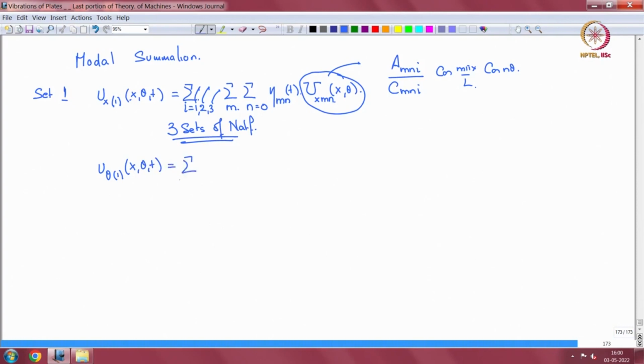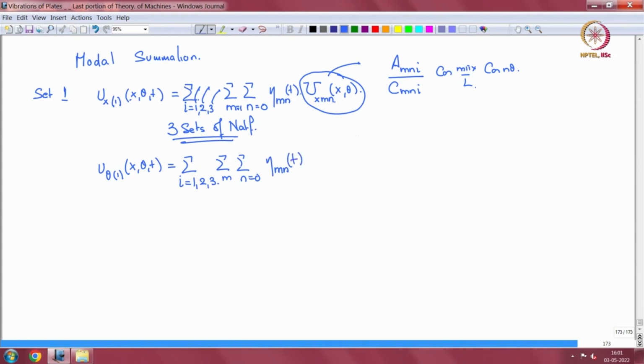Okay. Then the u_theta component for the first set, of x, theta, t, is now again a summation for i 1, 2, 3, summation over m, summation over n going from 0, m going from 1, the same modal participation factor eta_mn. Why?